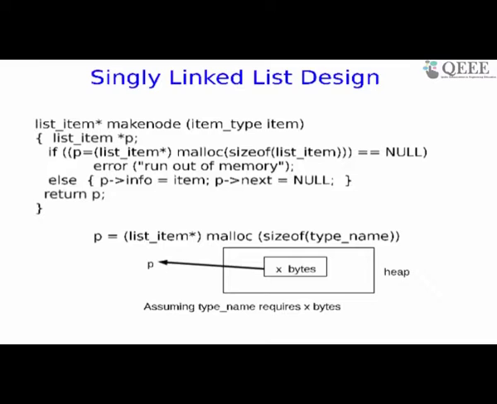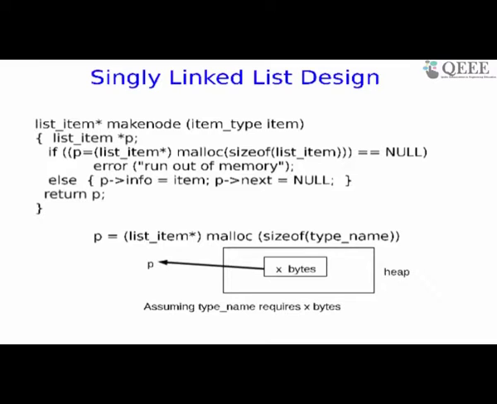So sizeof(list_item) will be figured out by the compiler: a box of list_item type, an int and a pointer, 8 plus 4, 12 bytes are required. So this call translates to give me 12 bytes. The compiler figures out the size and puts it in as a number. So 12 bytes are being asked from the heap. This is what the malloc part means.